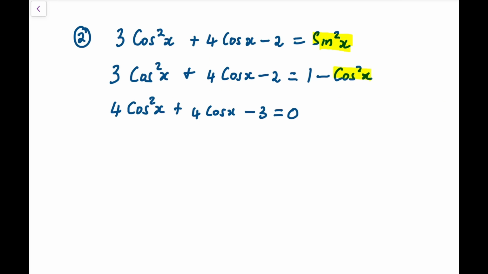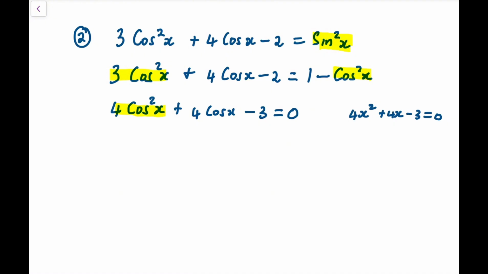These two are like terms. So 3 cos squared x plus 1 cos squared x is 4 cos squared x. Now, this is the same as 4 x squared plus 4x minus 3 is equal to 0.